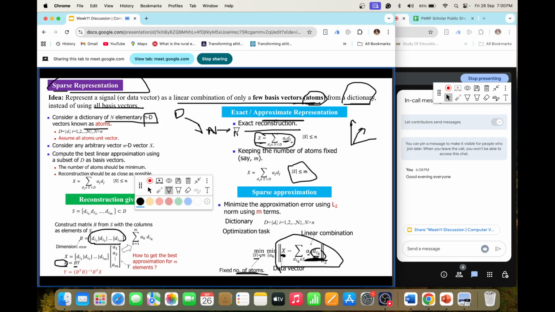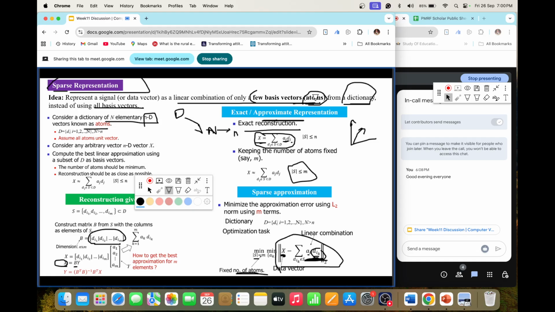Again I am repeating, any vector can be expressed as a linear combination of a few basis vectors, or atoms, from a dictionary. Dictionary means all the basis vectors, and a basis vector is also known as an atom. But if we take all the basis vectors, then we are not doing any dimensionality reduction.